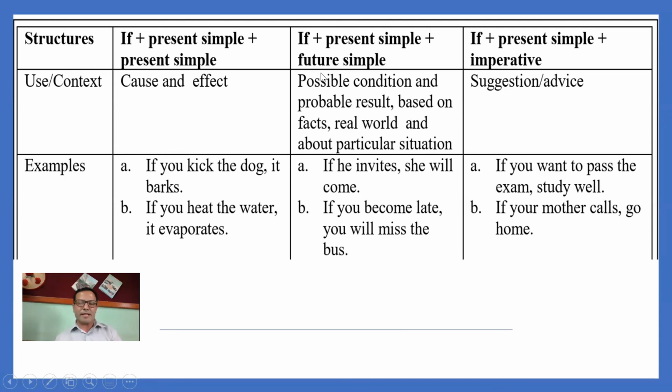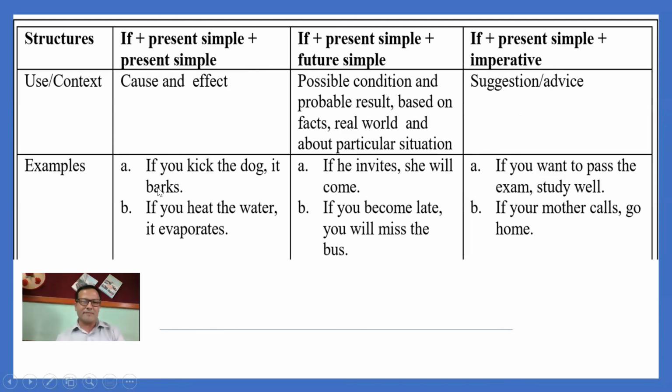See, this is the second one. We call it type 1. And the third one is if plus present simple plus imperative. It is used to give suggestion and advice. So if we want to give suggestions and advice in conditional sentences, we can use imperative as the main clause.